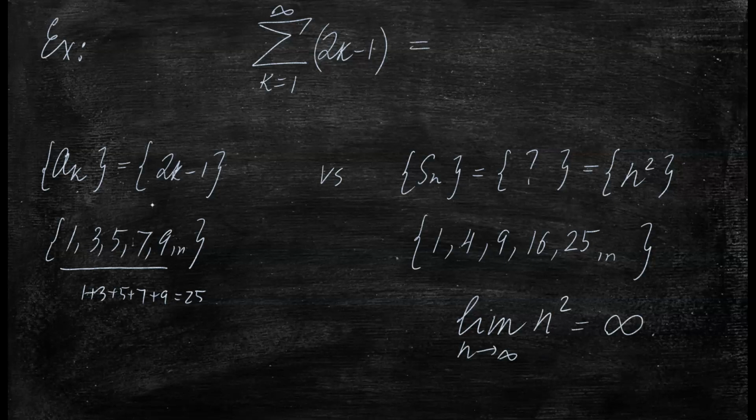And that limit is the reason why this sum is infinite. Notice how the limit of the sequence of terms is also infinity, but that's not the reason why the series is infinite. So again, it's always important to remember the fact that every series has 2 sequences associated.